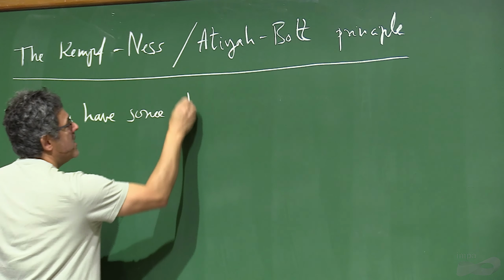So I can cover an open subset of the variety with these patches where there are sections like this sigma, and since L is ample, they are affine subschemes.